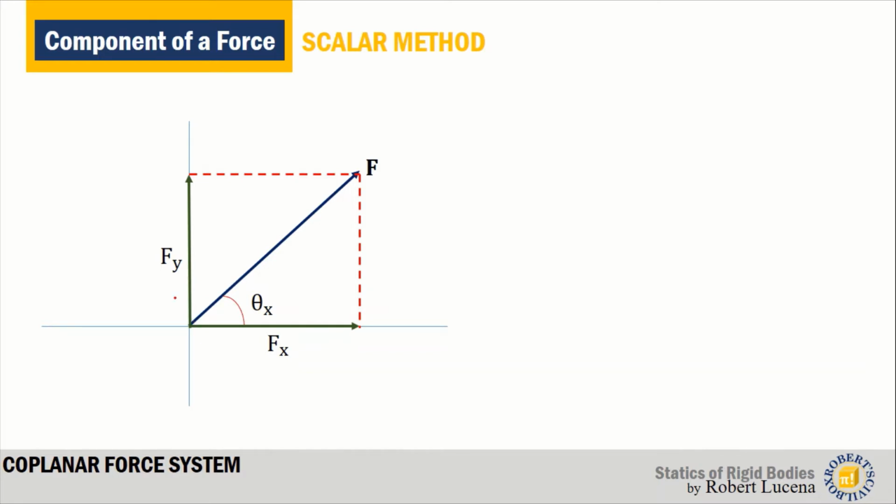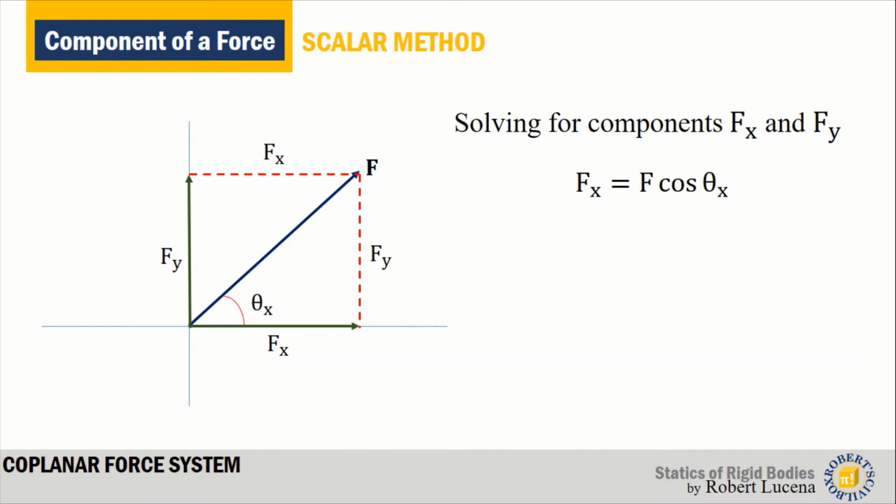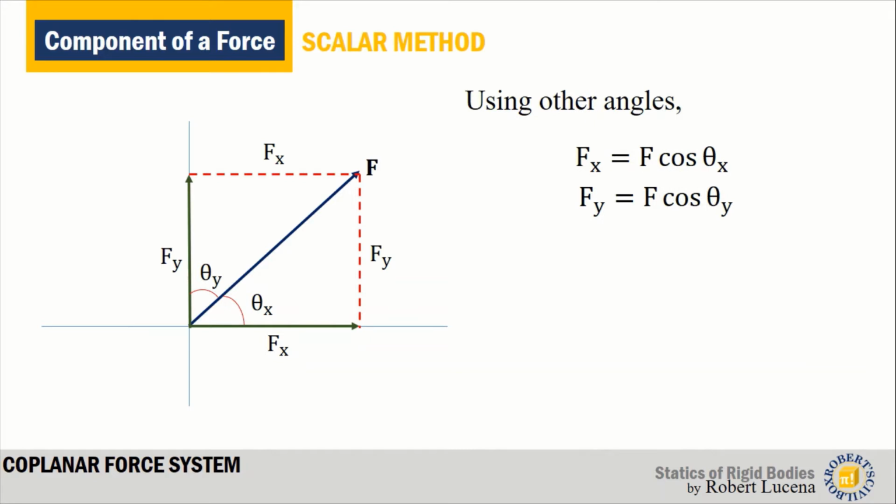How do we get the component of a force? The first way is by using trigonometry. From trigonometry, Fx is equal to F cosine theta x. Likewise, if you want to solve for Fy, you use the sine function, so Fy equals F sine theta x. But in some other cases, theta y is given.